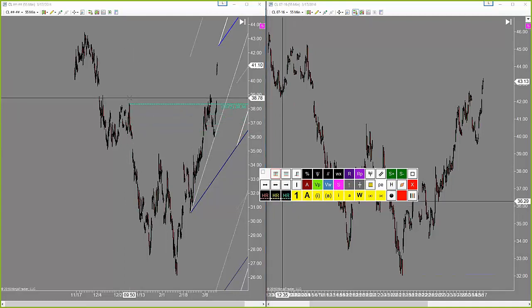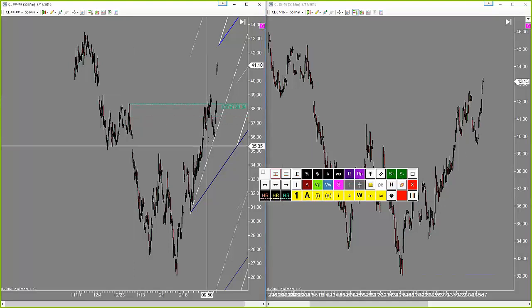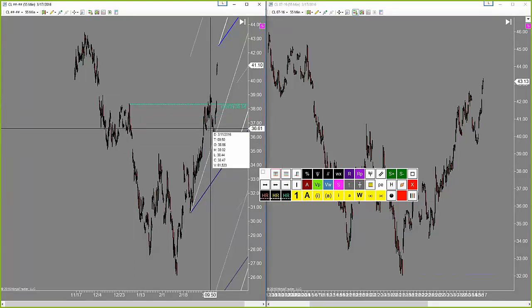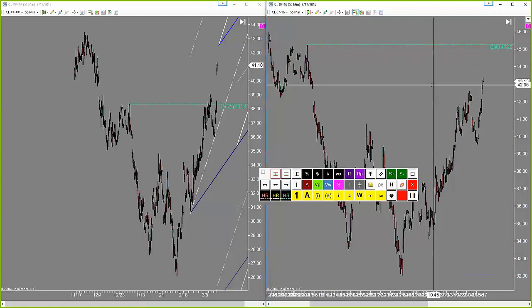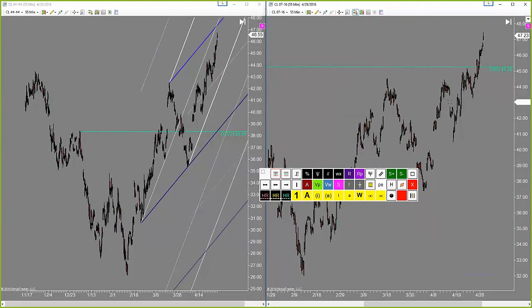We broke above that high on March 11th. Over here, we didn't break above that high until April 27th. So the wave structure is completely different from the continuous contract to the regular merge back adjusted contract.